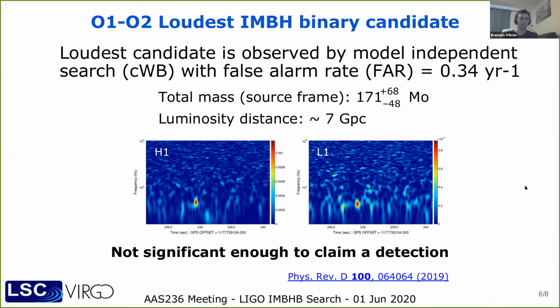Certainly you can see that this signal is less impressive than the one shown a few slides ago. Nevertheless, if the signal were real, the total mass is estimated to be about 171 solar masses. That being said, the main takeaway from this slide is that the event was not significant enough to claim an IMBH detection.